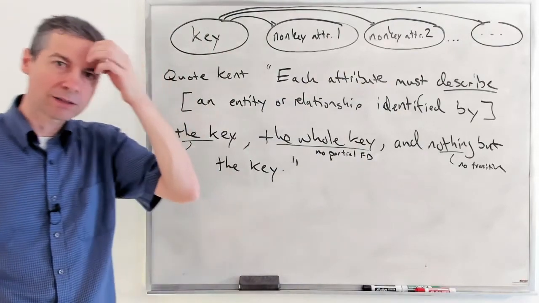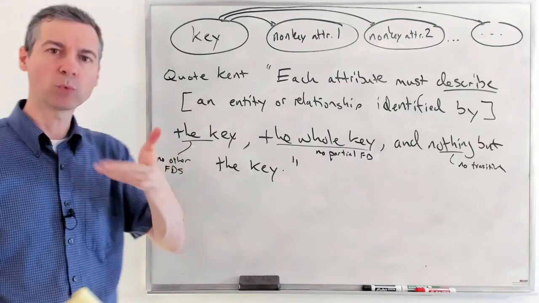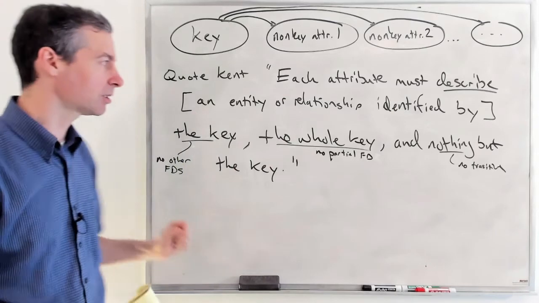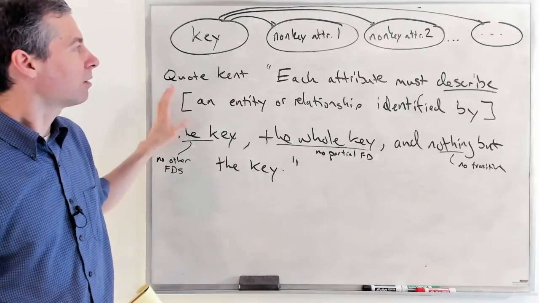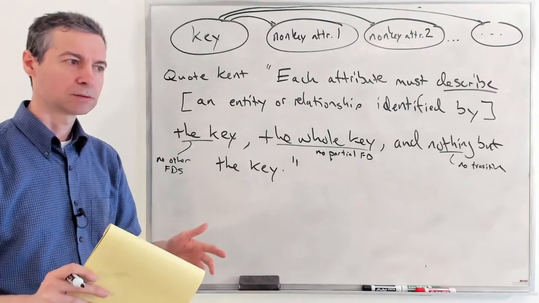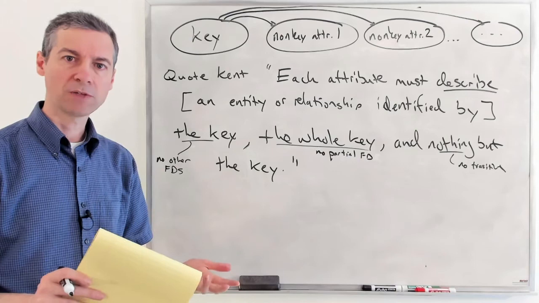Now, to me, when I read this and translate it, this is the thing to think about when you go back to your entity relationship design. You're going to say to yourself, all right, I've got an entity. I'm going to figure out what's a good primary key for it.